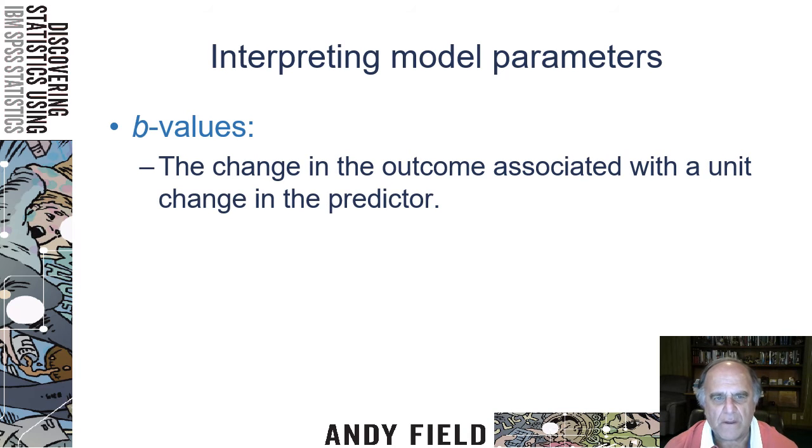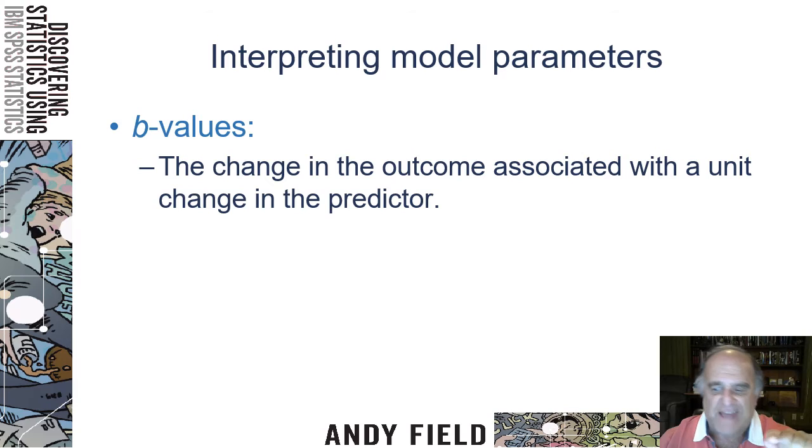Okay. And then in terms of interpreting these model parameters, especially the B values, a B value is simply the change in the outcome associated with a unit change in the predictor. So it's telling us if we change the predictor 1 unit, how much of a change will there be in the variable we're predicting, the dependent variable or the outcome or the Y variable.